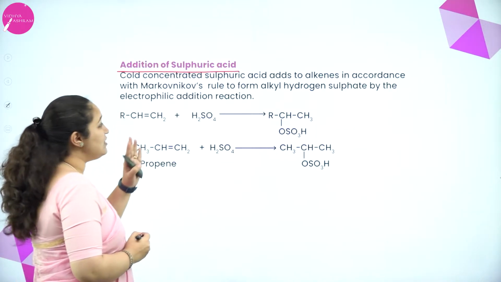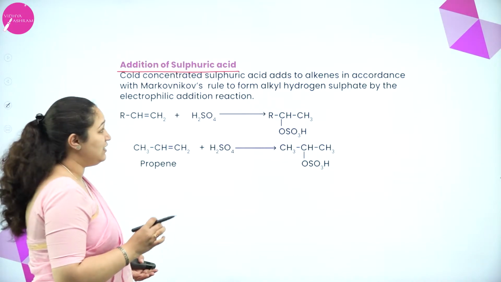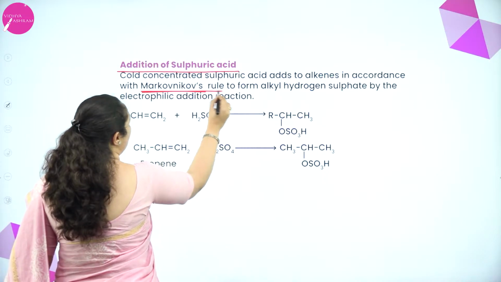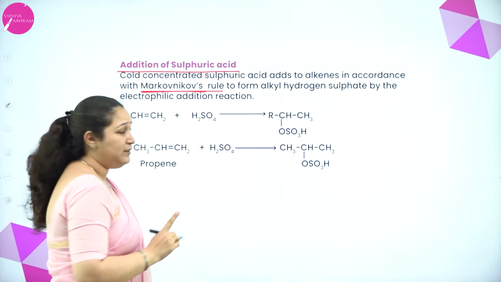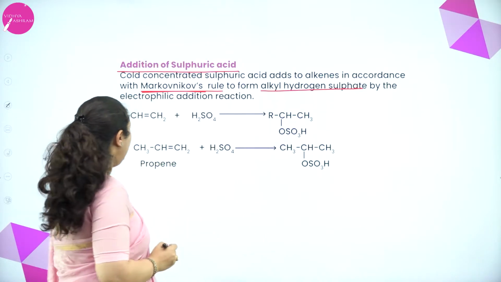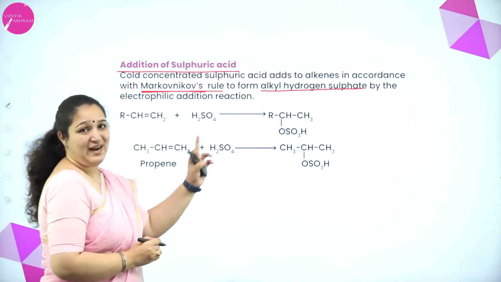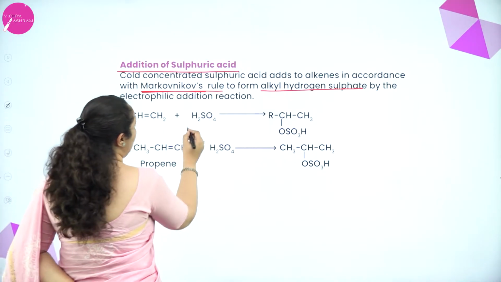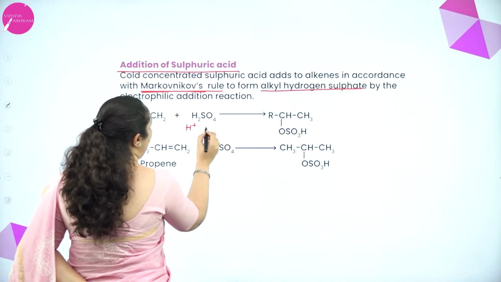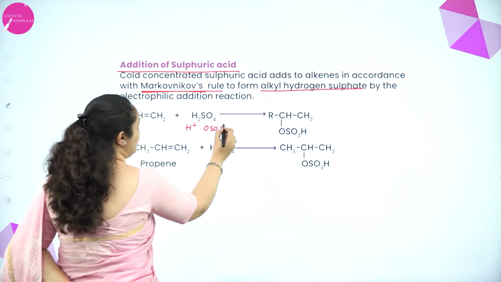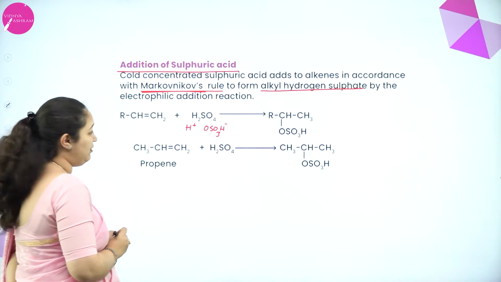Cold concentrated sulfuric acid is added to alkene according to Markovnikov's rule to get alkyl hydrogen sulfate by an electrophilic addition reaction. That is, in H2SO4 we have H plus and OSO3H minus ion, which will be formed.